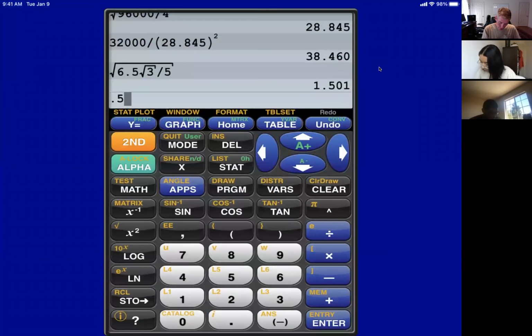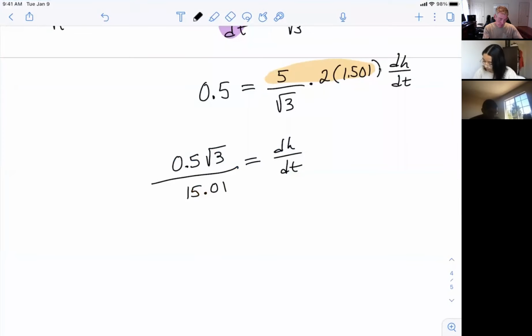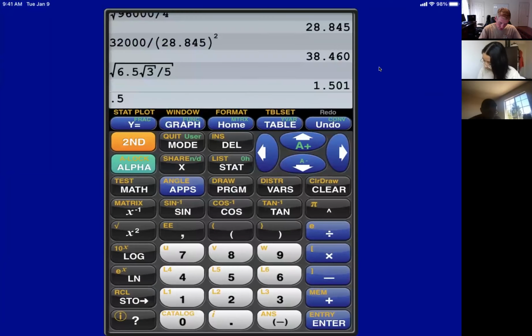And then just put that in a calculator and we're done. So 0.5. Oops, I forgot to write it down. I need a 0.5, a square root of 3 divided by 15.01. 0.5 times the square root of 3 and then divided by 15.01.